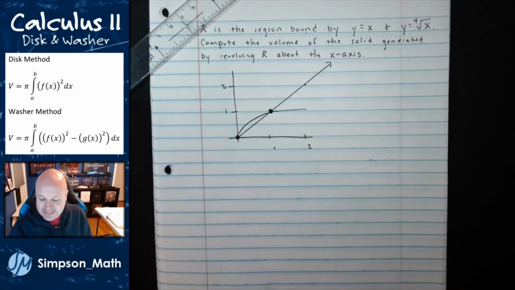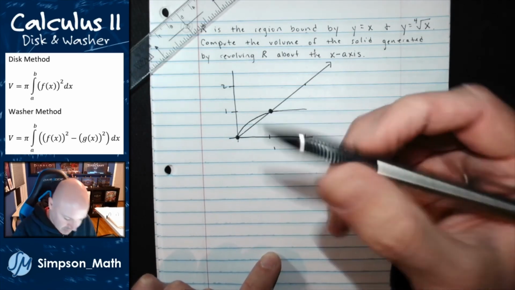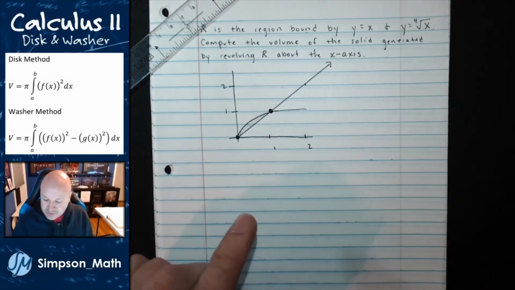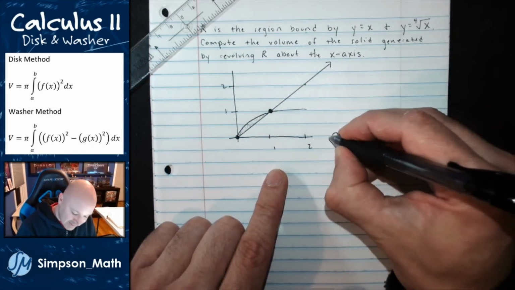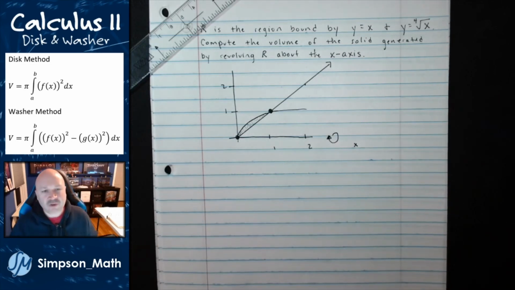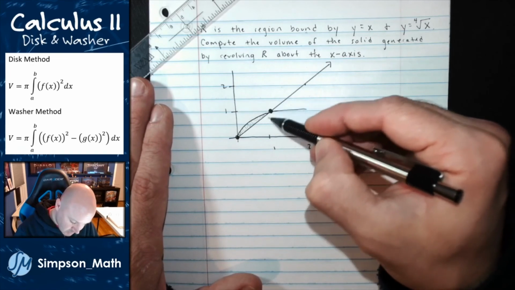All I really care about is that region bounded by those two curves. This is a little bitty plane area, this slice in here. I'm going to take that region and revolve it about the x-axis. I'm going to draw little circles to help me visualize that three-dimensional object.